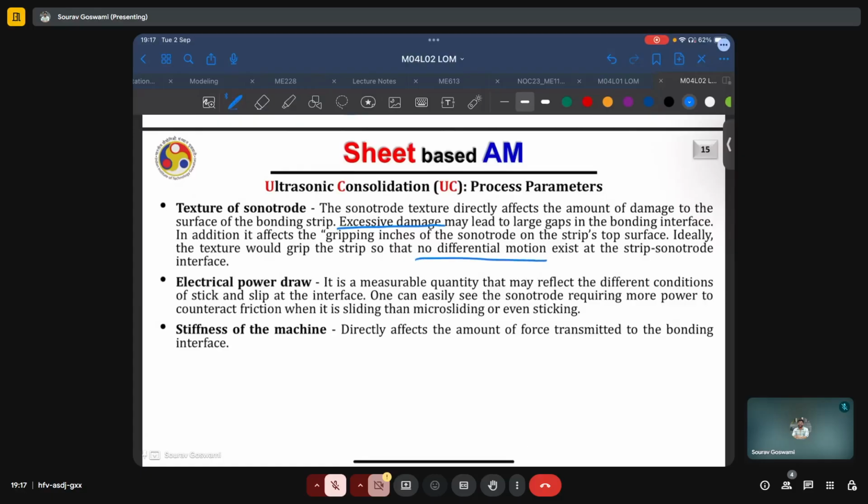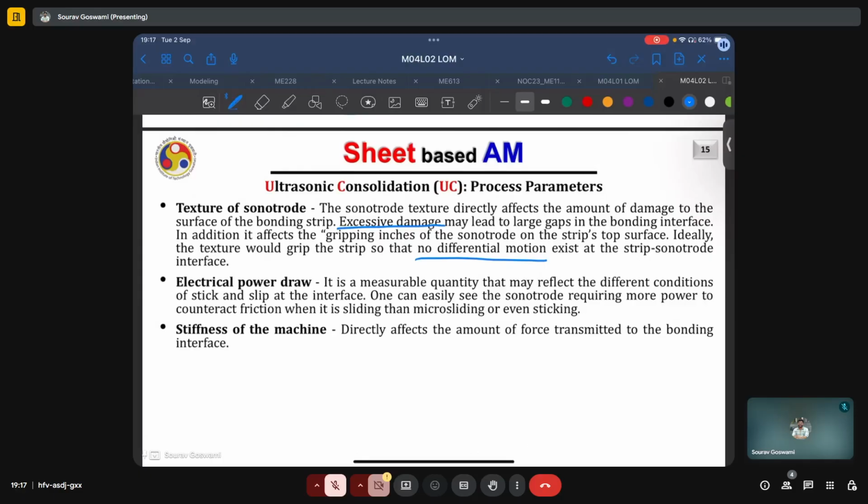Ideally, the texture would grip the strip so that no differential motion or no relative motion exists at the strip sonotrode interface. The electrical power draw, which is a measurable quantity and which can be studied to actually find in-process insights, may reflect the different conditions of stick and slip at the interface.